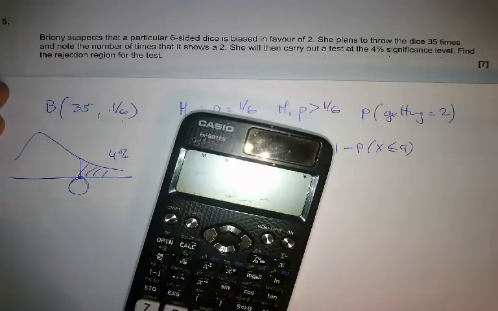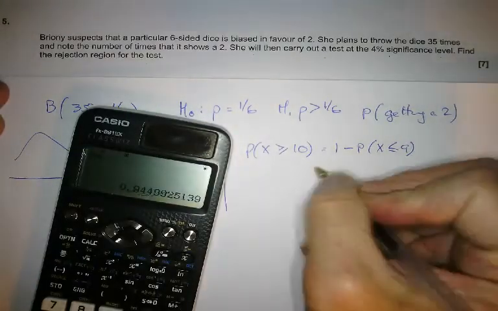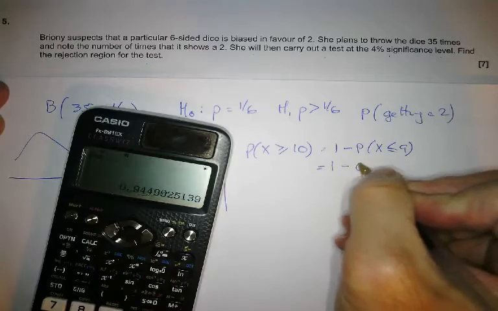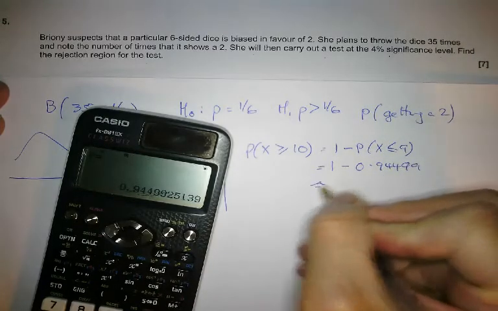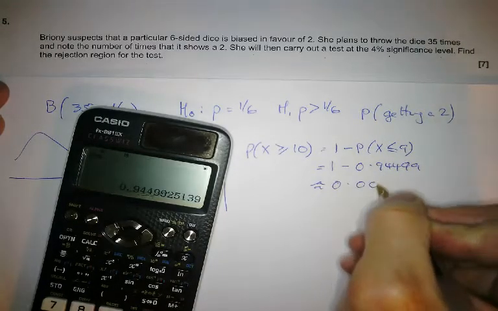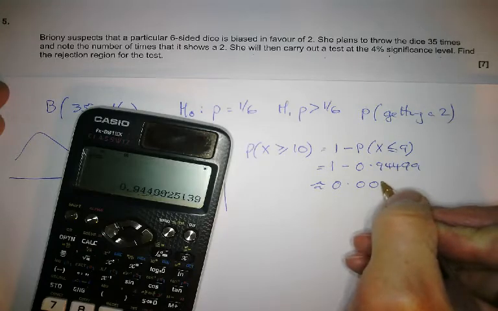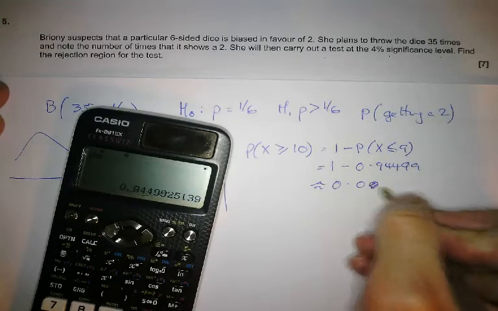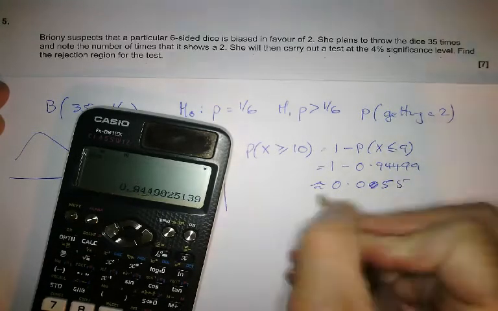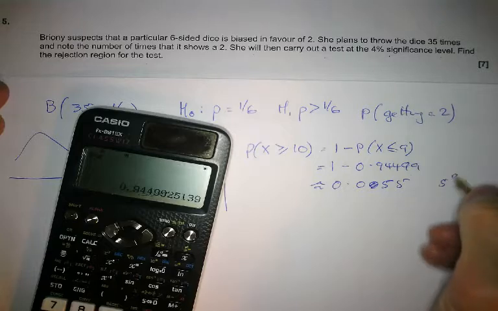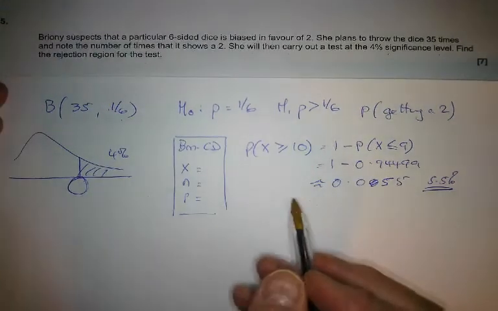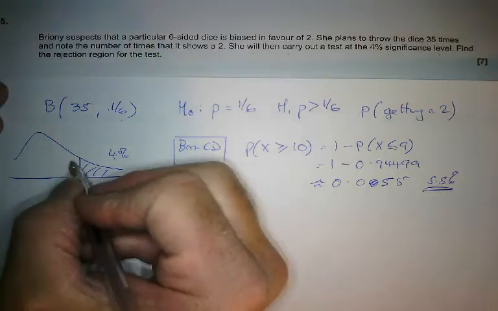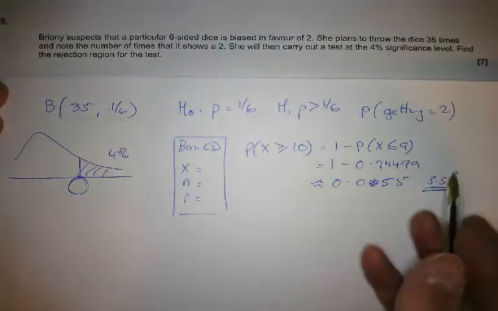So if I press that, I get to this value here, so 1 minus 0.94499, which is roughly 0.055, roughly 5.5%. So that's good, but that's just too high still.